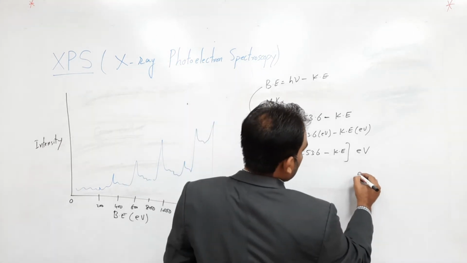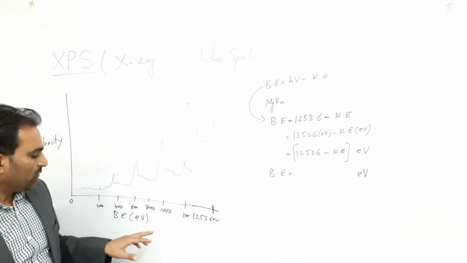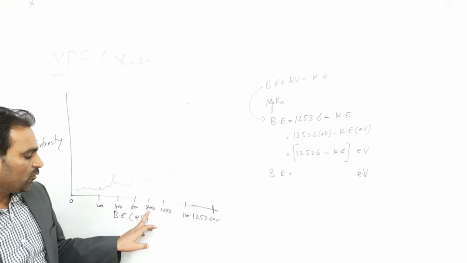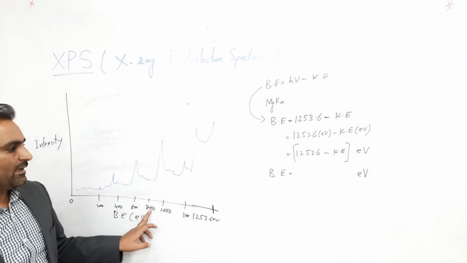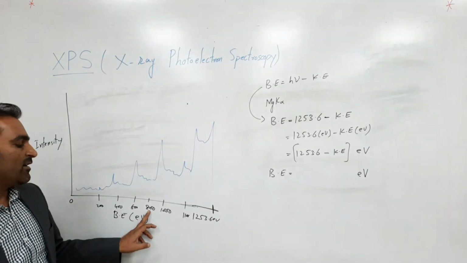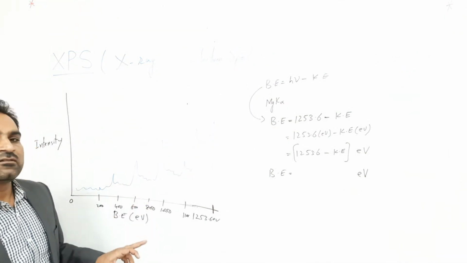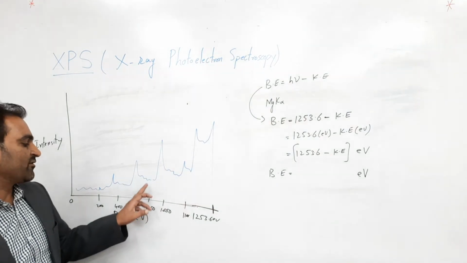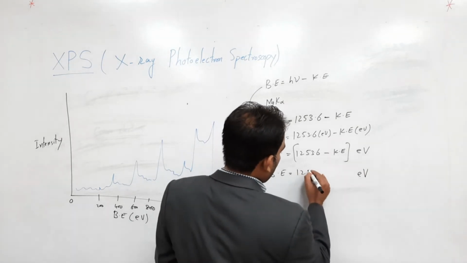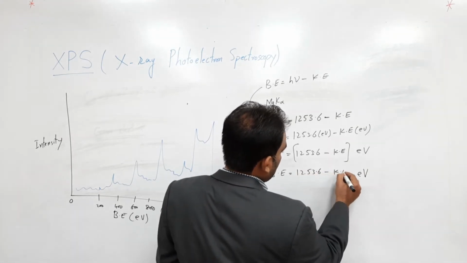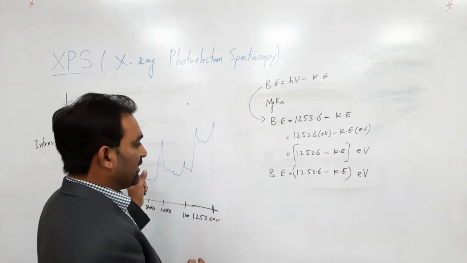Now if binding energy is 800, then you can find what will be the kinetic energy of that particular electron which gives this signal. Suppose this is binding energy equal to 1253.6 minus kinetic energy. You have to find the kinetic energy of that electron.